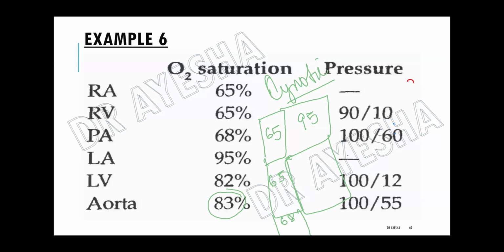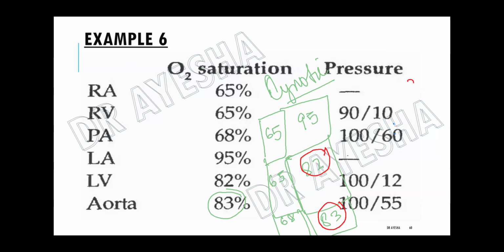Then we will move to the left side. Left atrium is 95, left ventricle is 82, and aorta is 83. Left atrial saturation is fine, but left ventricle saturation is decreased, and also the aorta is decreased.